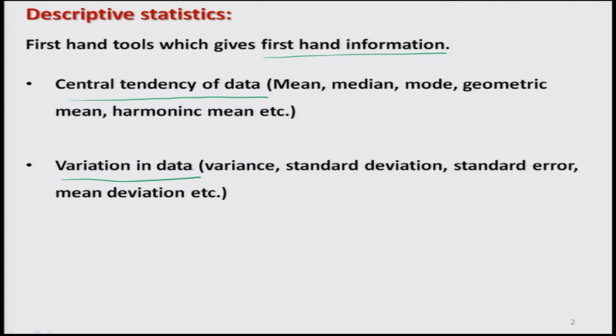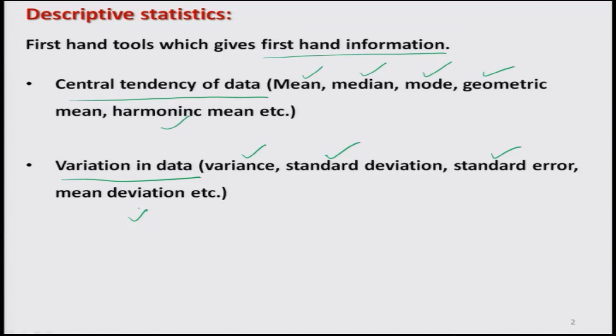There are different tools which are used to measure the central tendency of the data like mean, median, mode, geometric mean, harmonic mean, etc. And similarly, when we want to measure the variation in the data, there are different tools like variance, standard deviation, standard error, mean deviation, absolute deviation, etc.